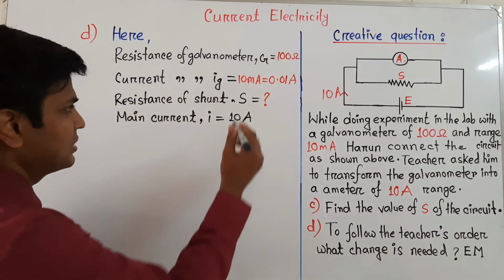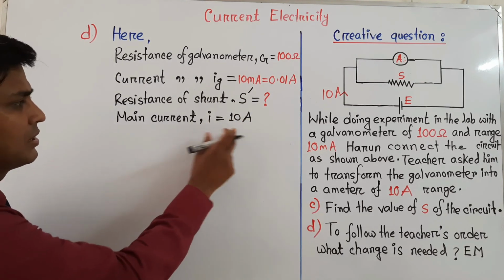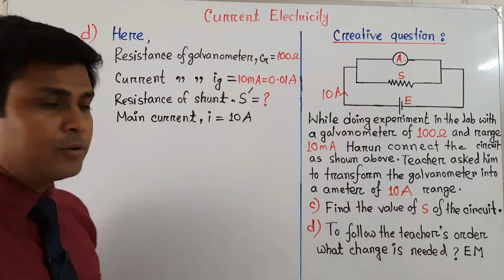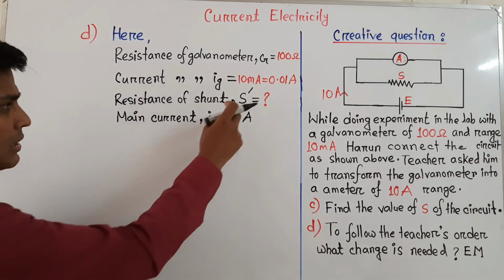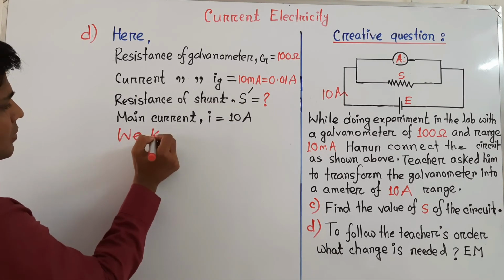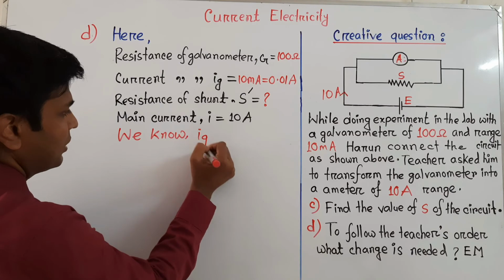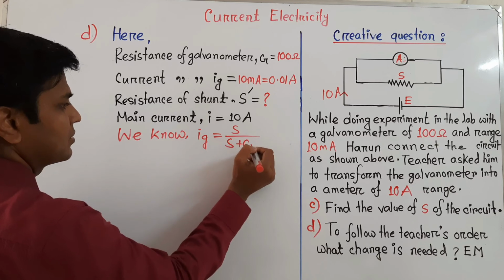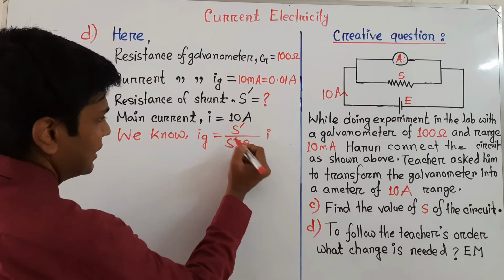Suppose we consider this shunt is S prime, and the main current is 10 ampere, because this ammeter can carry 10 ampere through it. This is the maximum range of the ammeter. We know the formula to calculate the galvanometer current: Ig equals S upon S plus G into I, and we write S prime here.